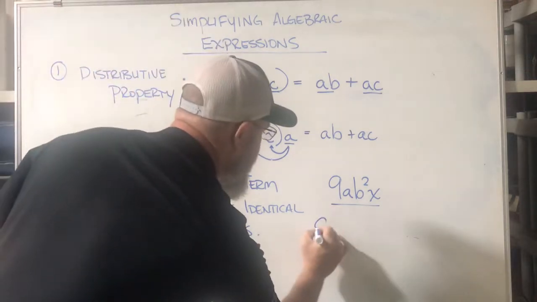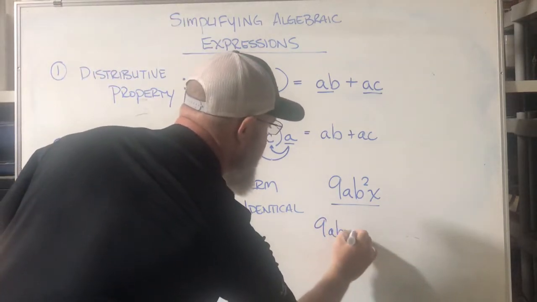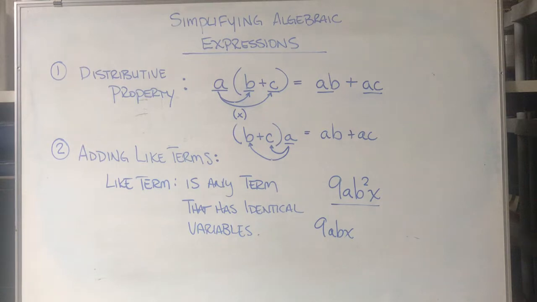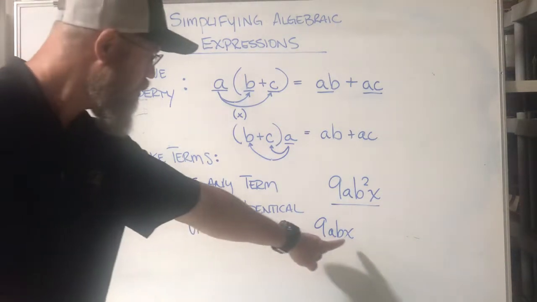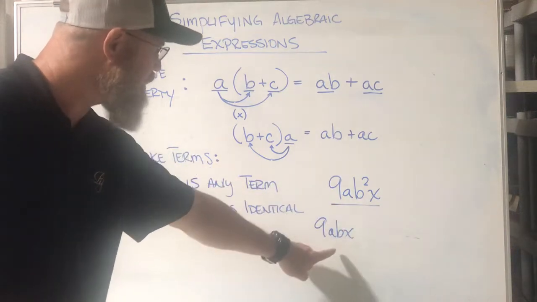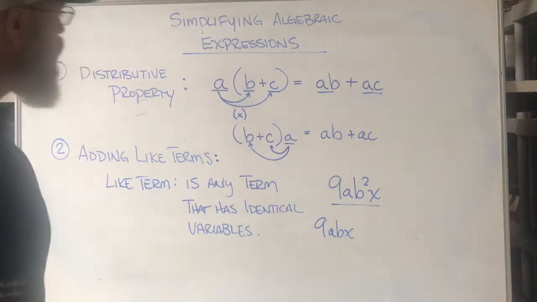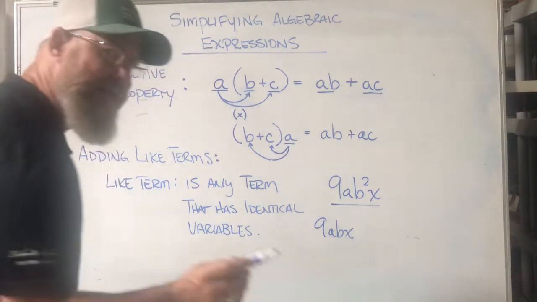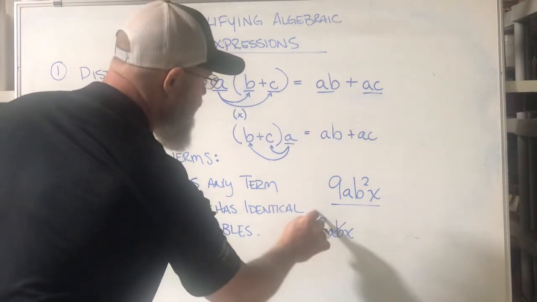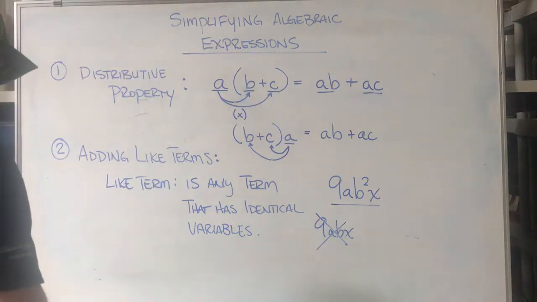Is 9abx a like term? No, it is not a like term. It's similar. It's got an a, a b, and an x, but it's not identical. It has to be identical. So 9abx is not a like term.